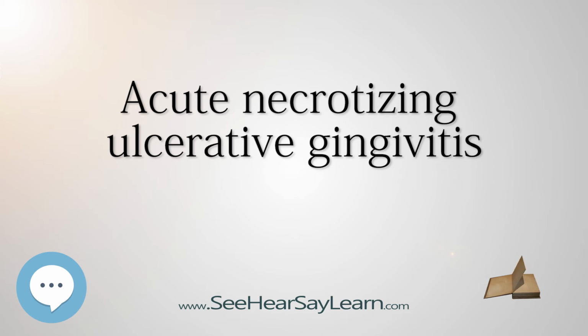Epidemiology. In developed countries, this disease occurs mostly in young adults. In developing countries, NUG may occur in children of low socioeconomic status, usually occurring with malnutrition, especially inadequate protein intake, and shortly after the onset of viral infections, e.g. measles.